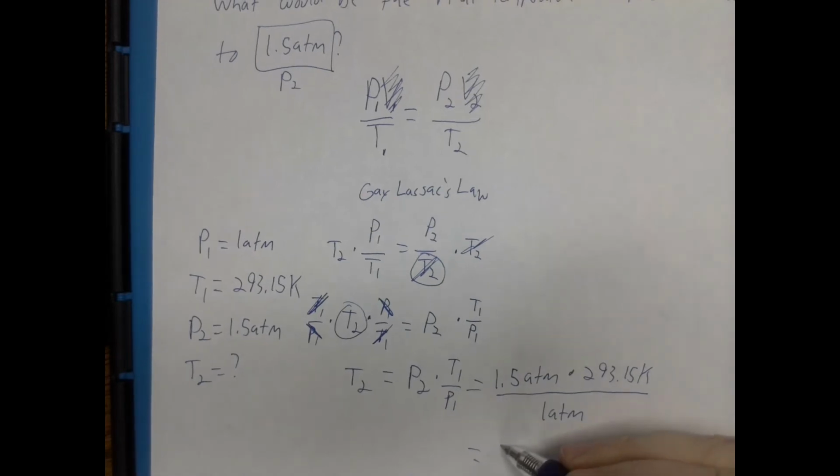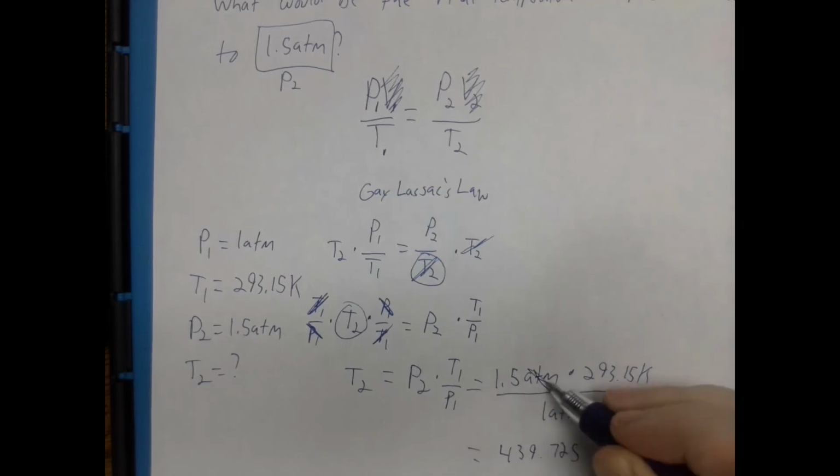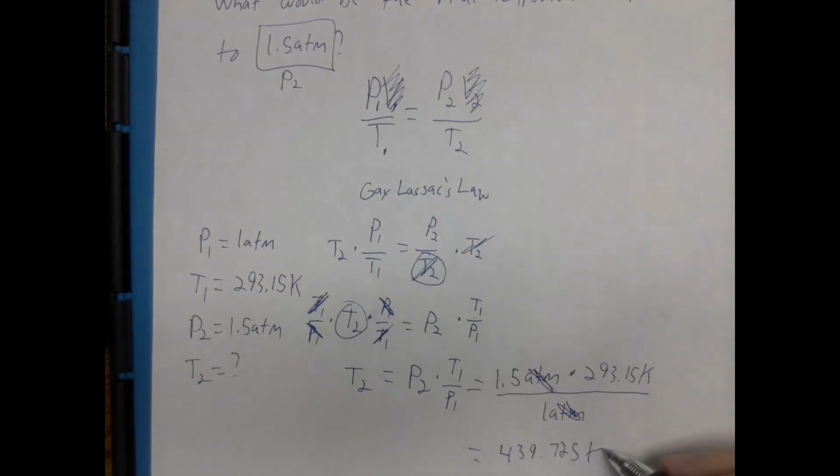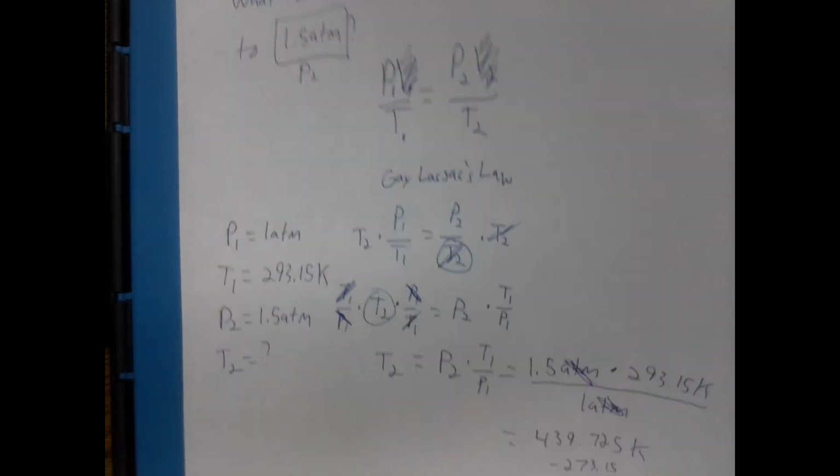And that's equal to 439.75. Atmospheres canceled out, we're in Kelvin. We can go back to our original unit of Celsius by subtracting 273.15 and get 166.575 degrees Celsius.